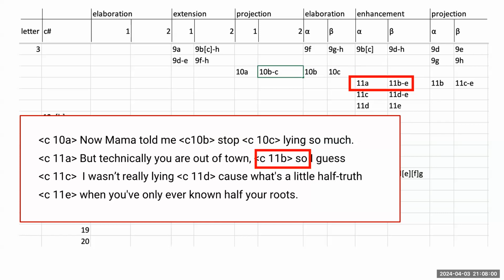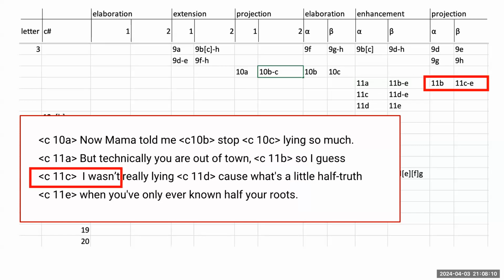11A and B through E, but technically you are out of town, so of course would be enhancement, hypotactic enhancement. So I guess, and that's a kind of projection, guess we take as a verbal process.